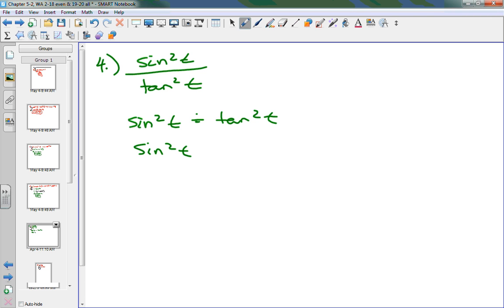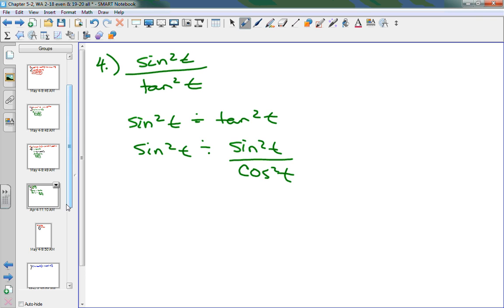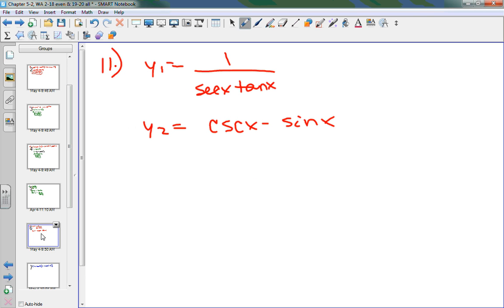Well, what is tangent? Sine over cosine. So you have sine squared of t over cosine squared of t, and you guys can finish it from there. You divide by a fraction. What do you do? Multiply by the reciprocal. You're going to finish that.